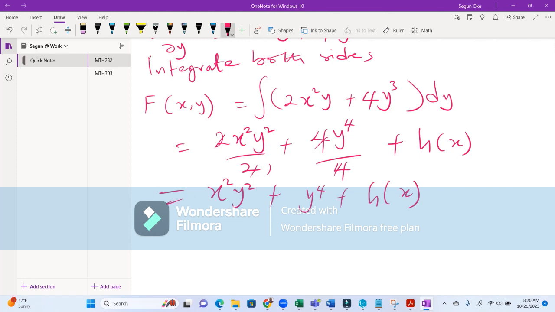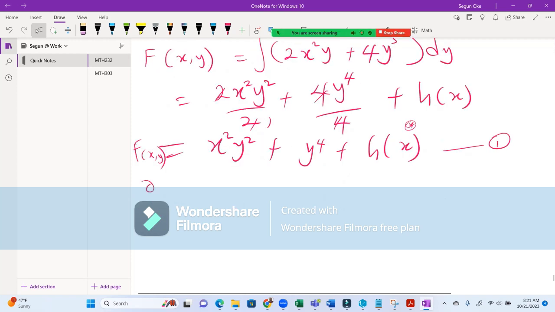So now that we have this F of x, y, we can call this equation 1. Now, what do I need to do? I need to differentiate it with respect to x, because the constant we added here is a function of x. If it is y, you differentiate with respect to y. So we differentiate this one with respect to x.